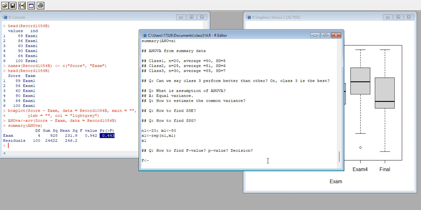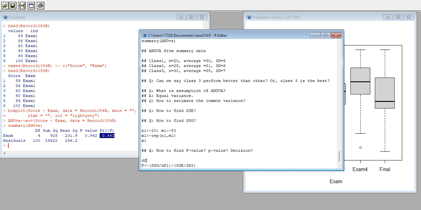The F value is this formula: SSG over degree of freedom, divided by SSE over degree of freedom. So this is the F value.